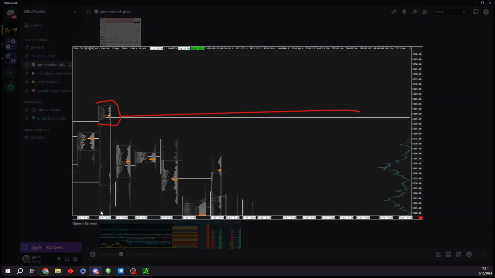So you can see here from April 4th, we had this upper distribution before an initiative moved down, and you can see here the time and volume spent at the 9.6s, and you can see there's a naked TPOC.